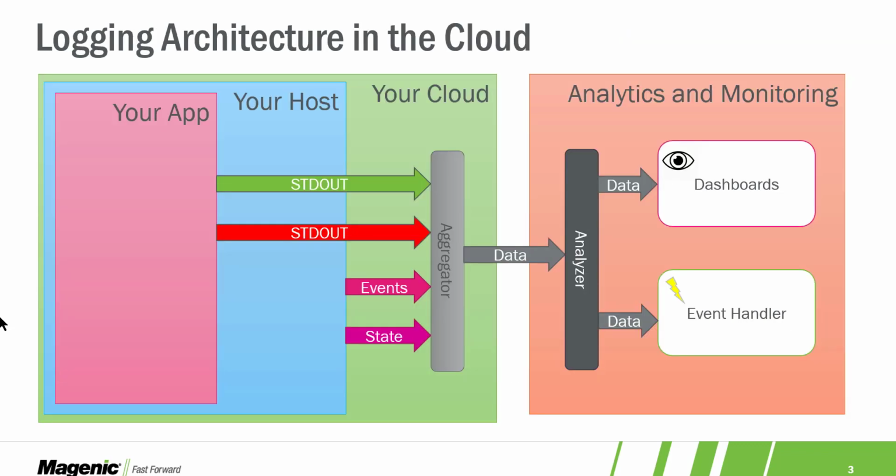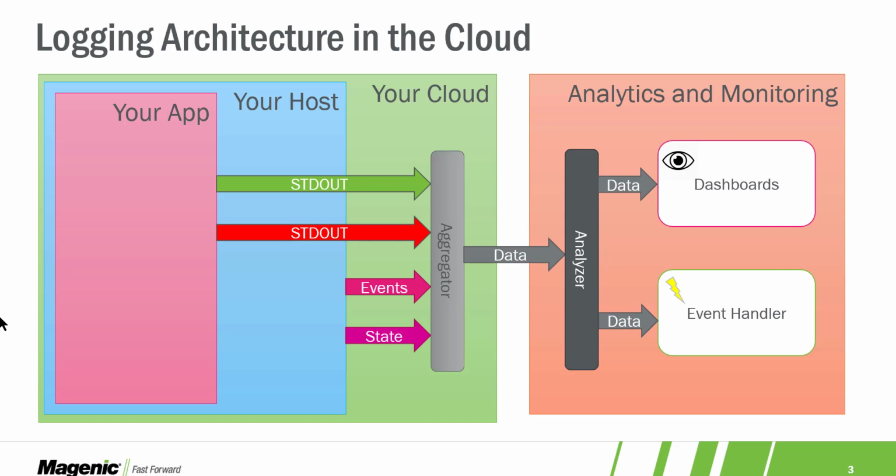And in the cloud, this is pretty easy to do because most clouds have a structure that supports this model. In other words, your app writes good things to standard out and bad things to standard error. They're passed through from your hosting provider.